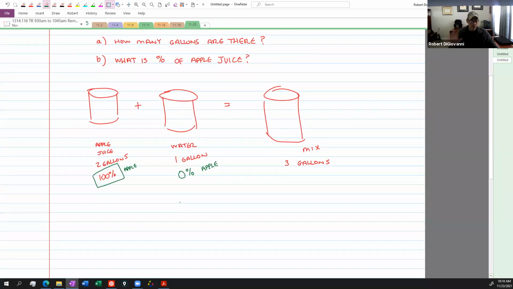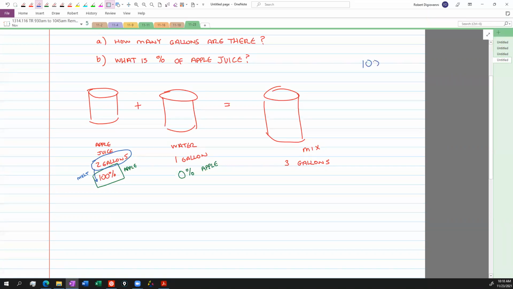All right, so the way I'm going to figure out what the total is at the end is this. I have 2 gallons, right? I'm going to multiply it times the percentage, converted to a decimal. What's 100% converted to a decimal? Move the decimal point 2 places, you get 1.